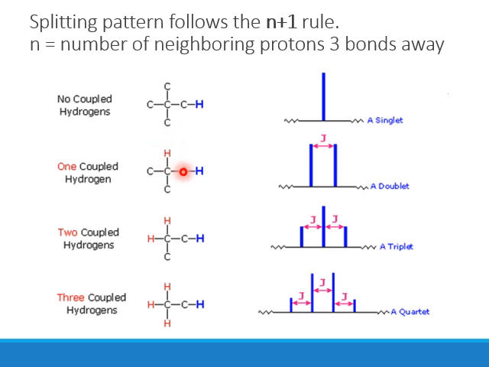This neighbor hydrogen will cause a doublet splitting pattern for this hydrogen. But here we have 2 neighbor hydrogens, 1, 2, 3. That's why n+1, 2 plus 1, 3, a triplet pattern. And for this one, we have 3 neighbors. That's why we have a quartet pattern, 3 plus 1, 4.